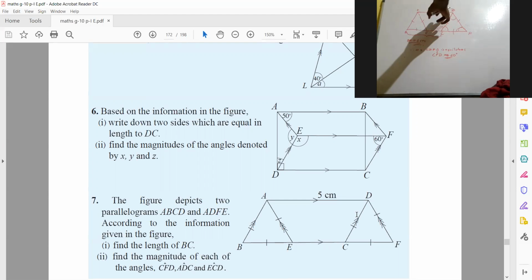Then they are asking for ADC, this angle. Now you know this angle is also 60, this angle is also 60, right? What can you say about these two angles?